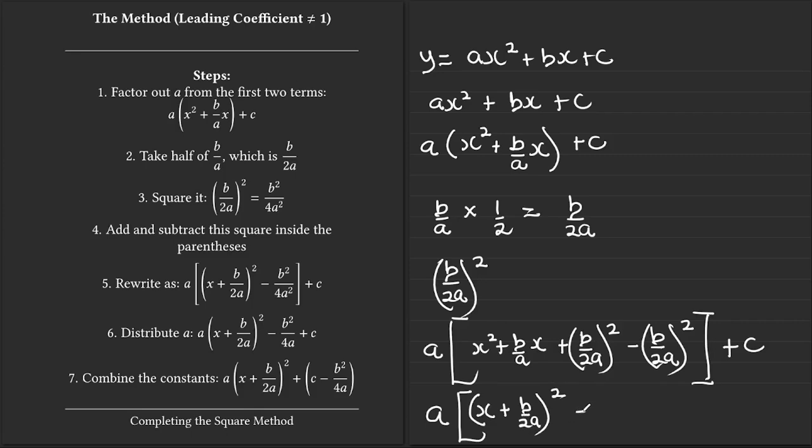Then we have minus, so for now we can simplify this, minus b squared all over what? You know the squared affects both the numerator and then the denominator. So b squared over 4a squared. We close our bracket and then plus c.